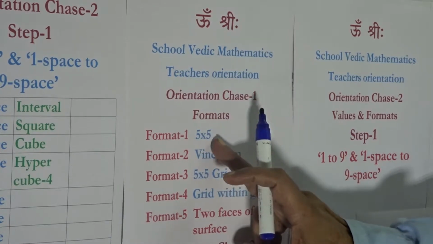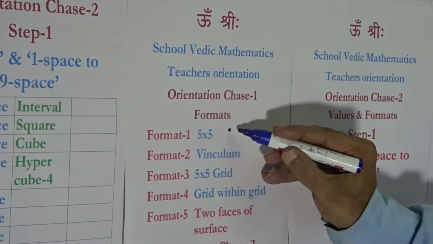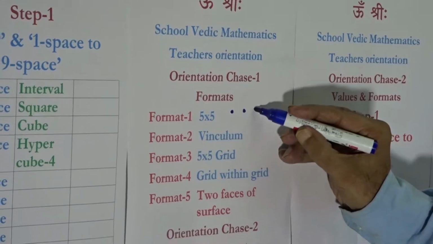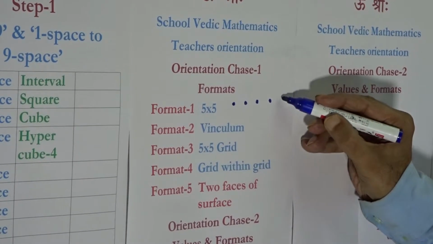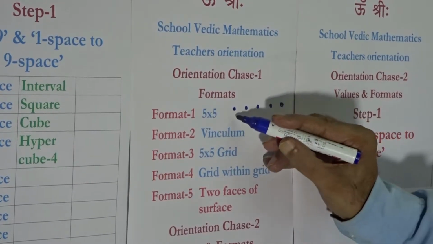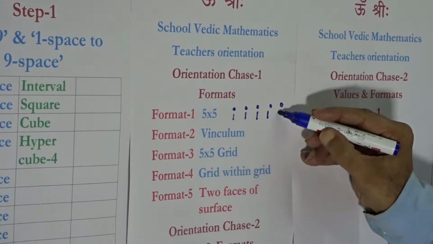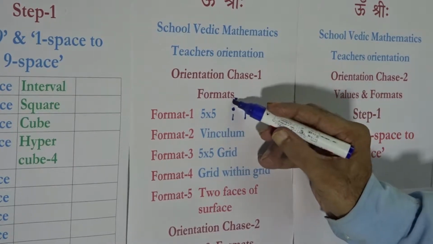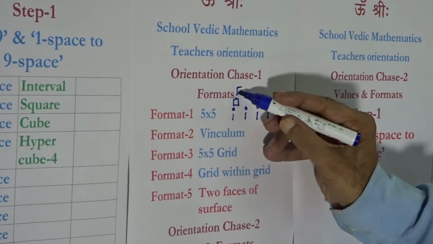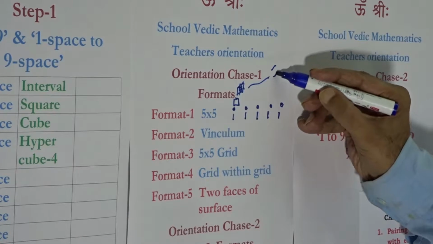Format 1, 5 cross 5, is in fact of the format of counts 1 to 5, five times. Firstly with points, then with lines, then with surfaces, then with solids, and then with hypersolids.